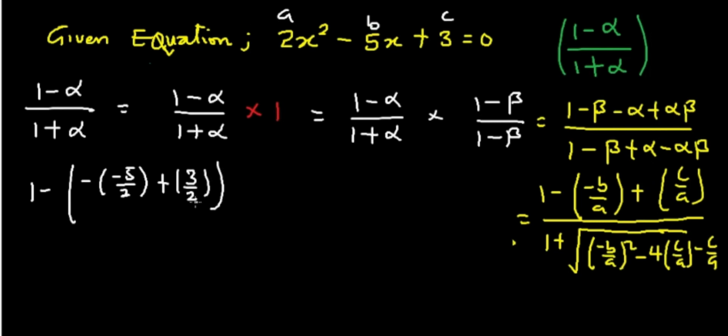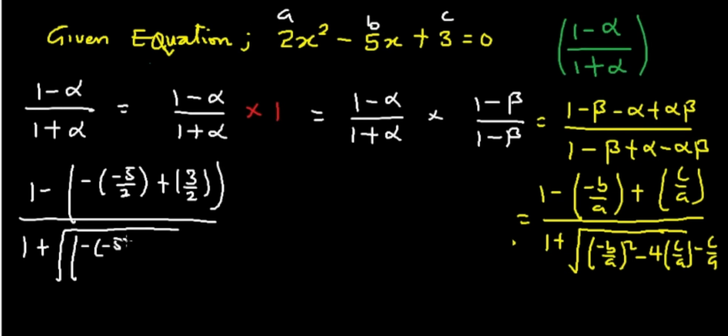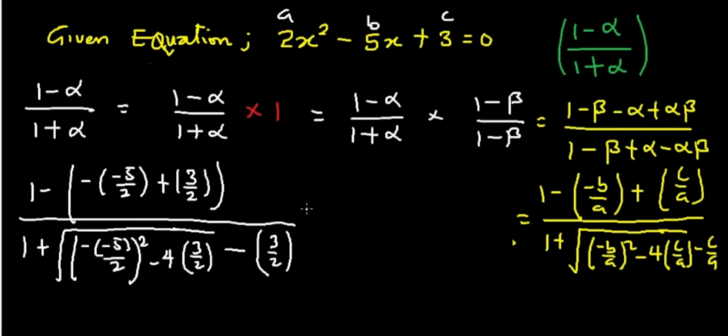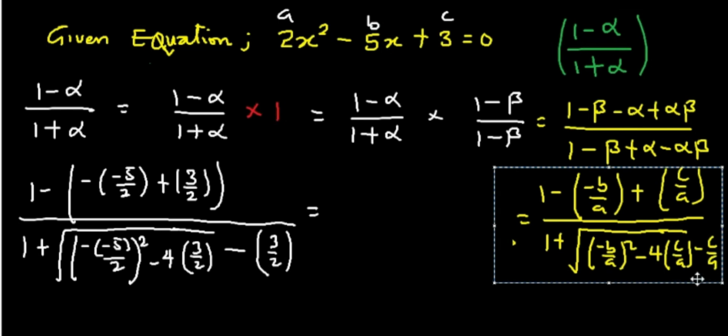Over 1 plus square root of the whole of minus 5 over 2 all squared, minus 4 times 3 over 2, then minus 3 over 2. So you have to be very careful when you're writing this so that you won't make mistakes. Let me clear this so I can have enough space.